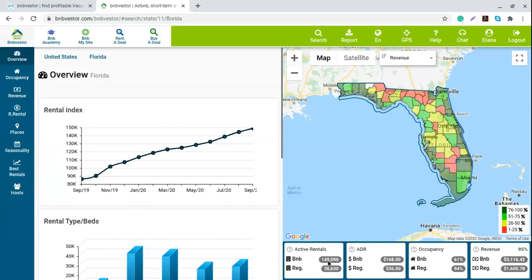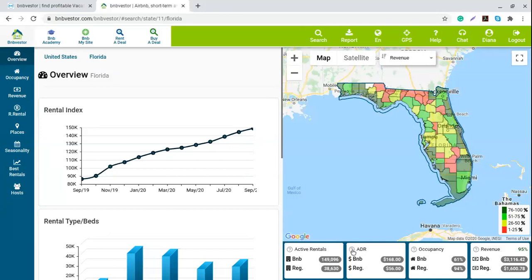Now, this is the number of properties that are B&B, and this is the number of properties in the entire Florida state that are regular rentals, normal types of rentals. So you can see the big difference, because there is a big business there for B&B that you can actually enter and try to make passive income based on this.